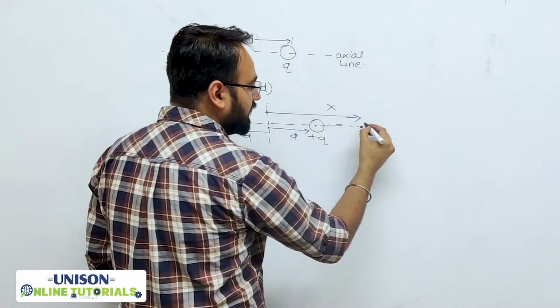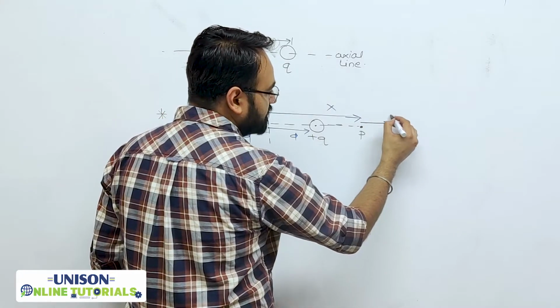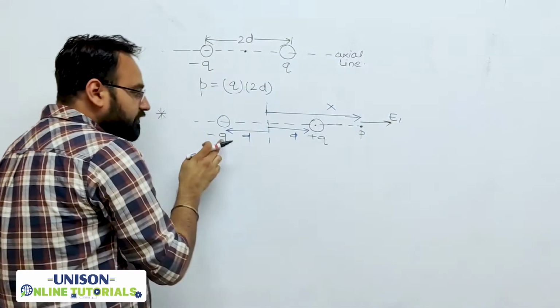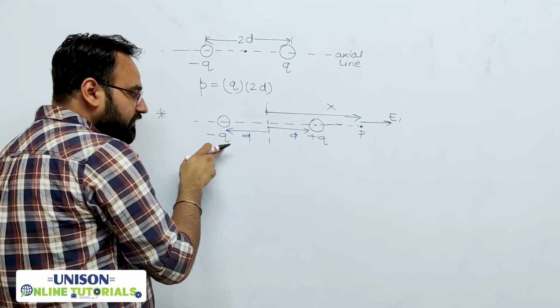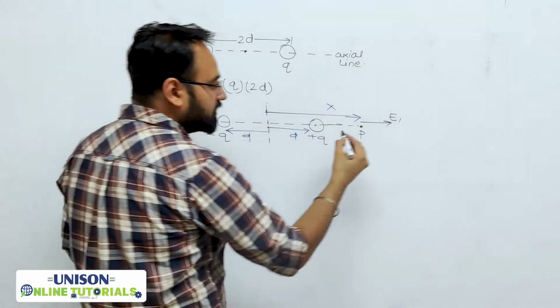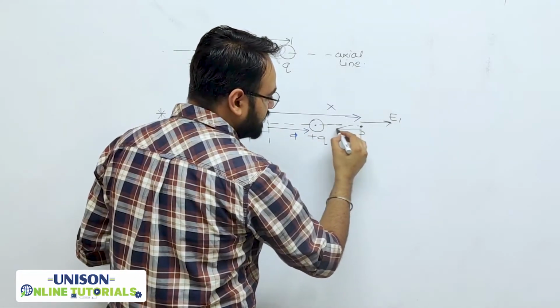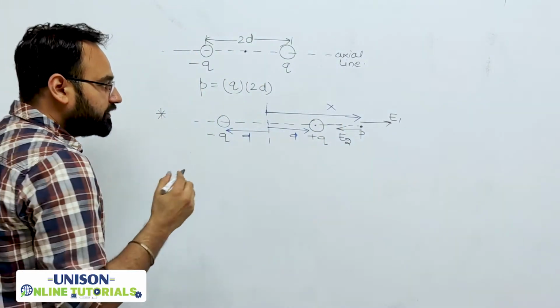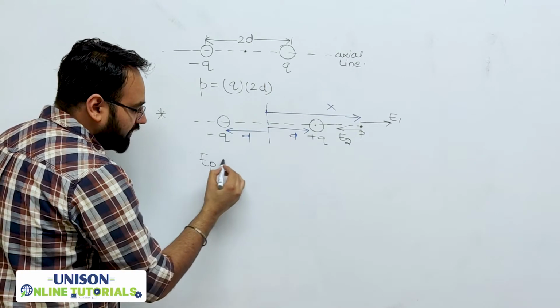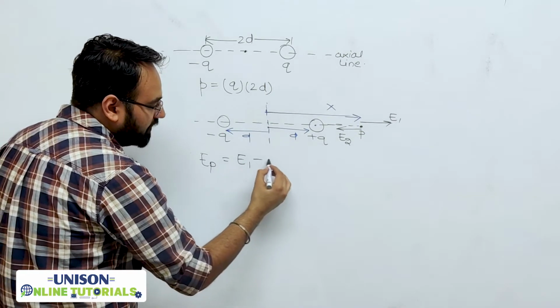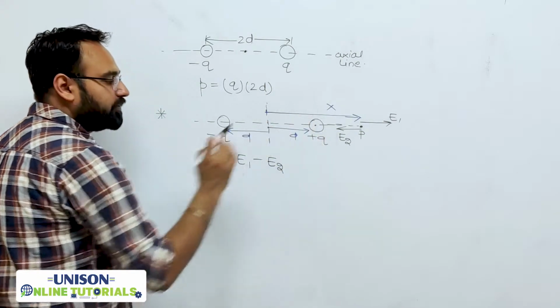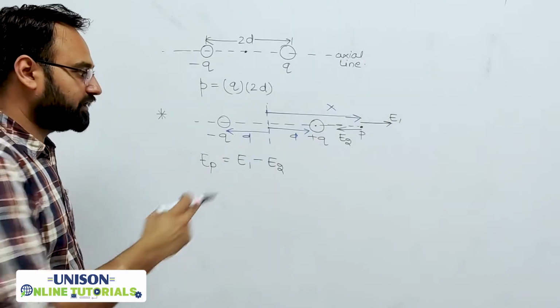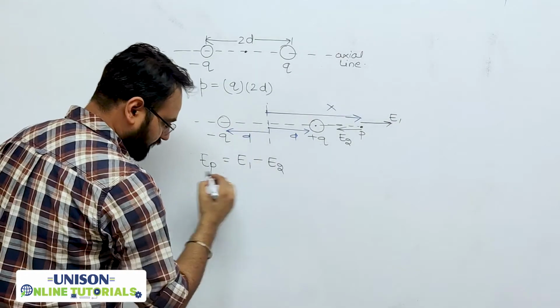Because of this positive charge, the electric field will be like this, away from positive, so this is E1. Similarly, because of this negative charge, the electric field will be towards this negative charge, something like this, E2. Now the electric field at point P will be equal to E1 minus E2: the electric field because of the positive charge minus the electric field due to the negative charge.